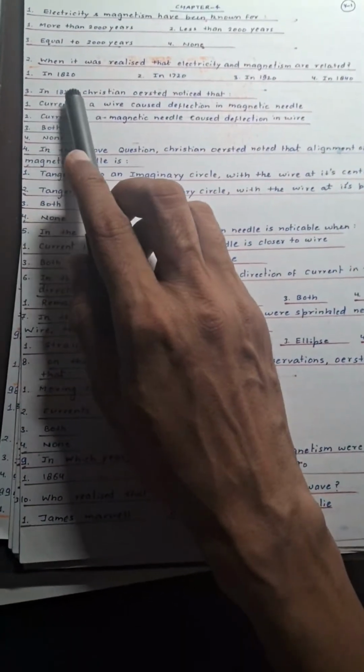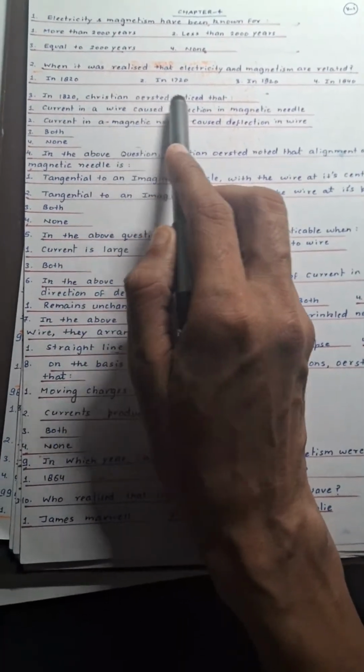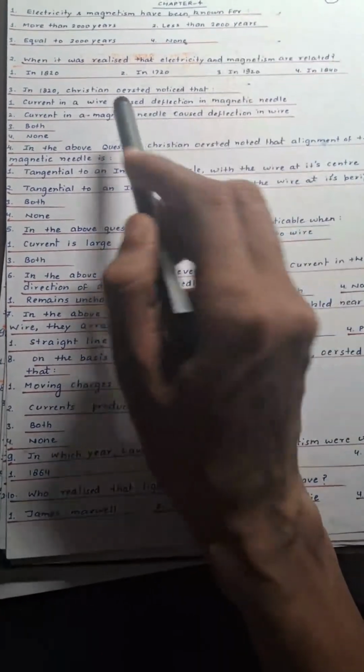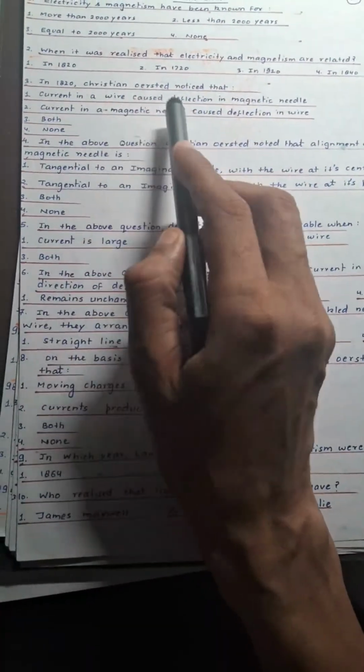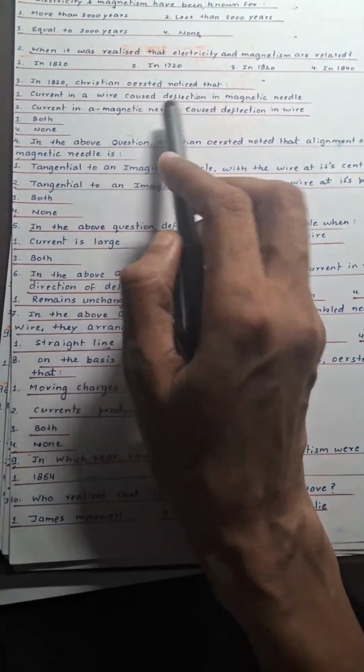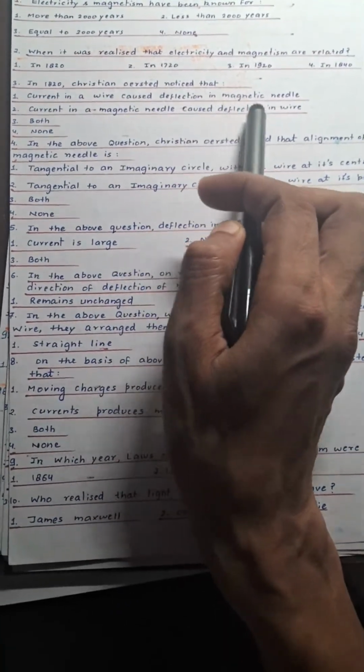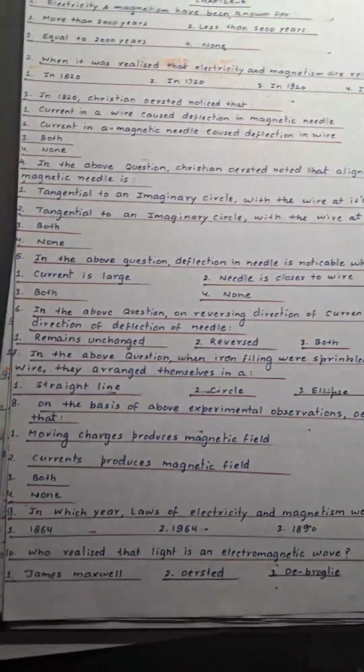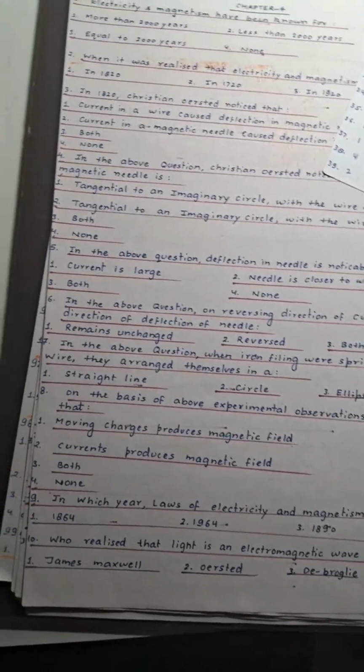Third question is, in 1820 Christian Ørsted noticed that, current in a wire caused deflection in magnetic needle, or current in a magnetic needle caused deflection in wire. So it's basically a concept over here.